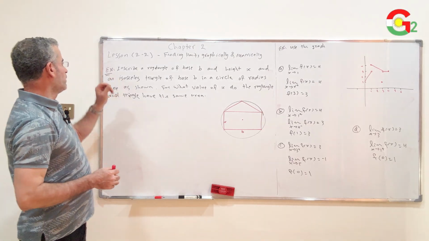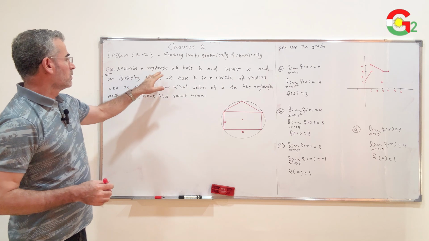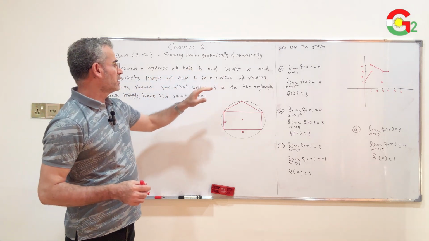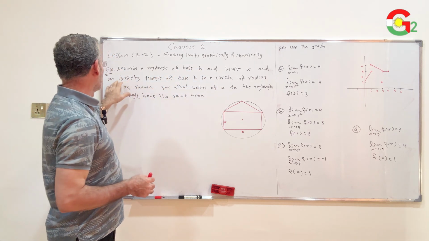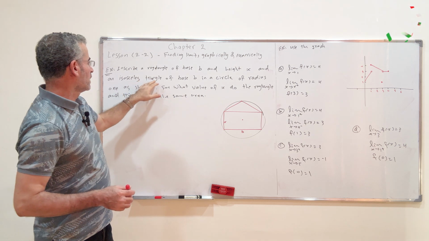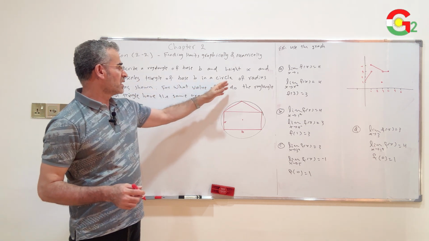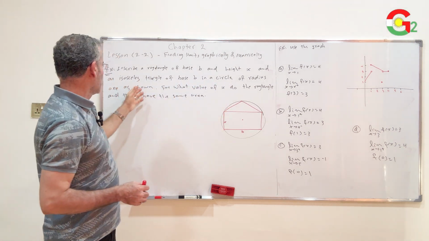Example, word problem. Inscribe a rectangle of base b and height x, and an isosceles triangle of base b, in a circle of radius 1 as shown.